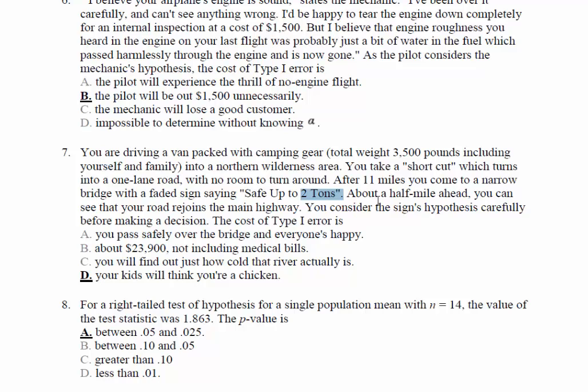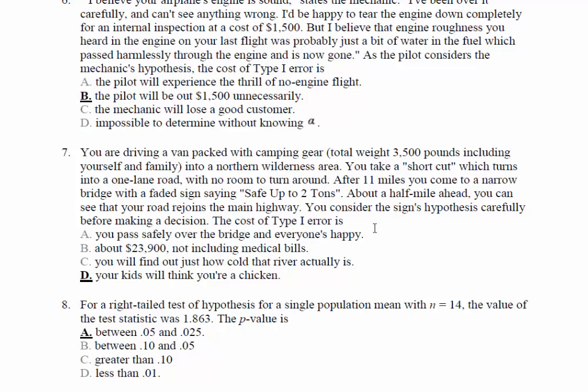Let's see. What is the H0 and H1 in this case? H0 is that the bridge is normal, it's okay, it's fine, no problem, it's safe up to 4,000 pounds. So your cargo of 3,500 should be okay, right? What is the type 1 error in this case?